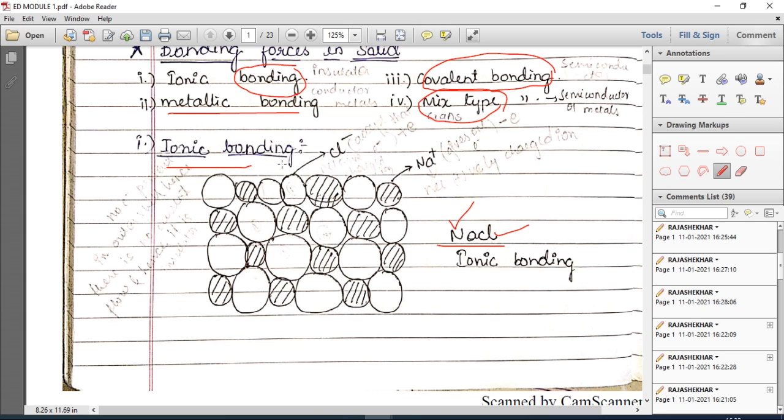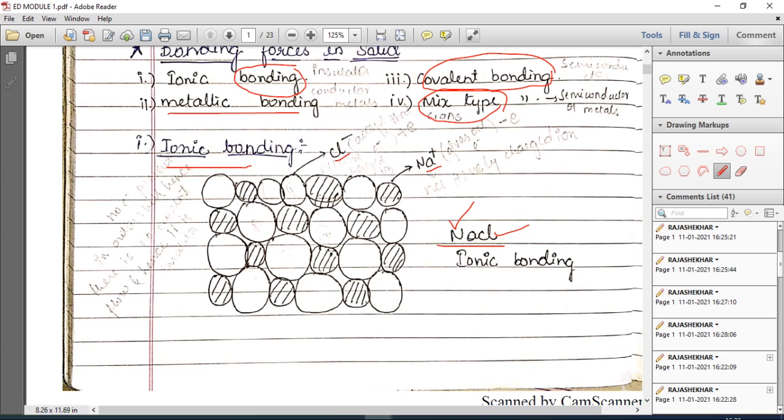Now look at this structure of ionic bonding. Here the shaded circles belong to sodium, and the blank circles belong to chlorine. Here I have shown that each sodium atom is surrounded with 4 chlorine atoms.